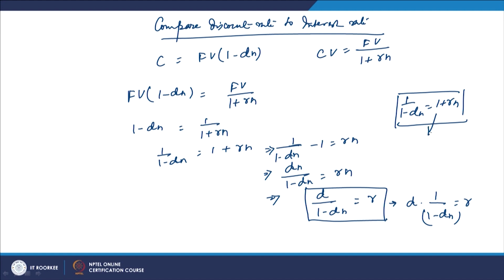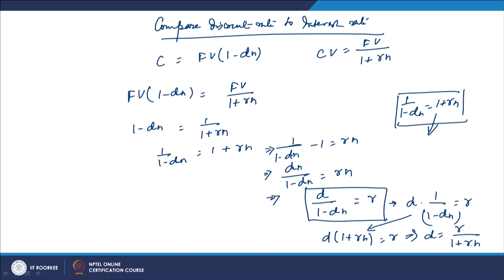So, this concept is used. So, d into 1 plus Rn will be R. So, you can get d as R by 1 plus Rn.